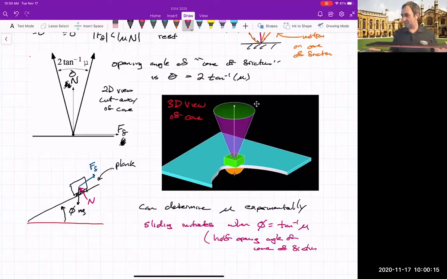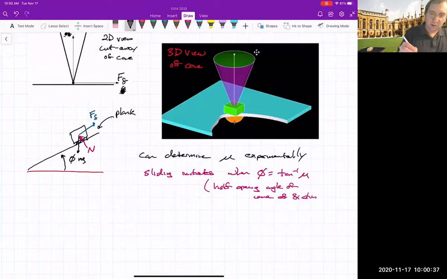So for this thing, this is wood on wood, and I get it sliding. I don't know what that angle is, like 20 to 30 degrees or so. So wood on wood.